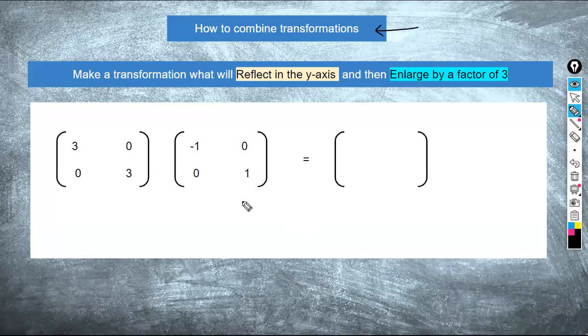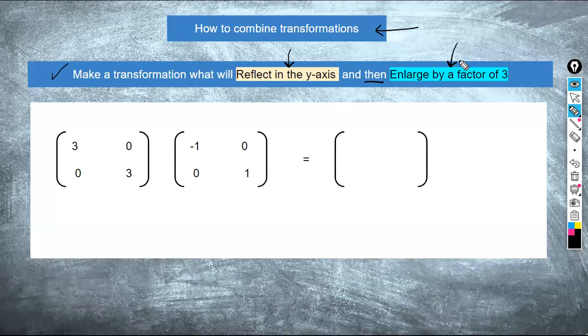Suppose the question comes like this in the exam. They want you to come up with a matrix that will do 2 things at one time. It will take the shape, whatever shape it is, right? It could be a triangle, it could be a square. They want you to reflect it in the y-axis and then enlarge it by a factor of 3.